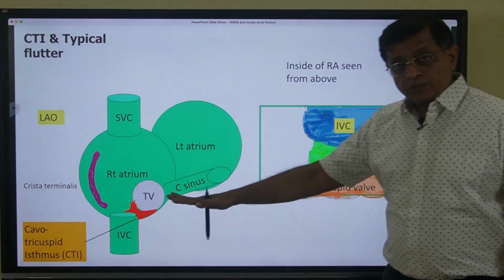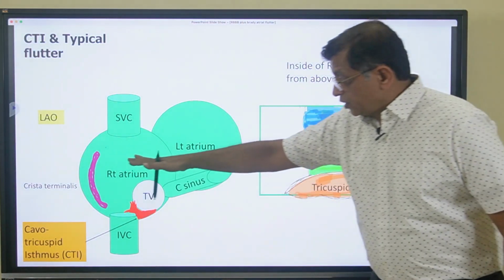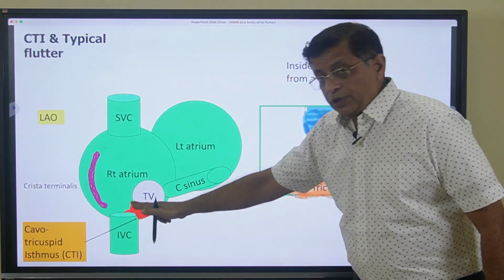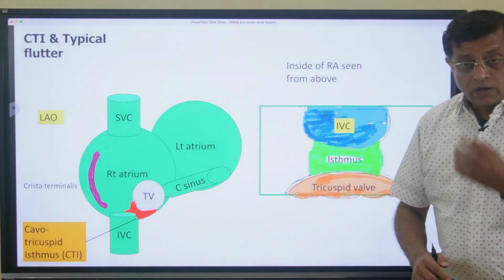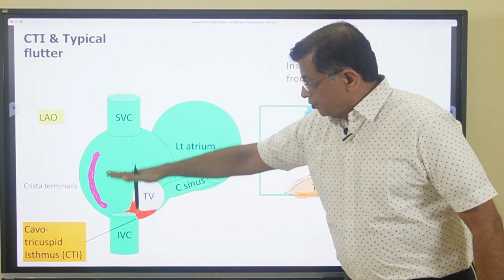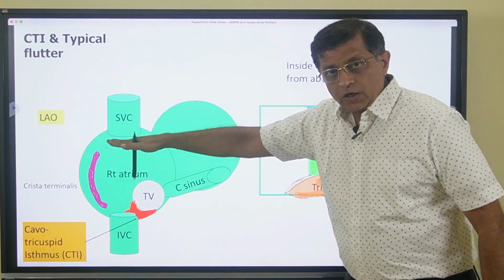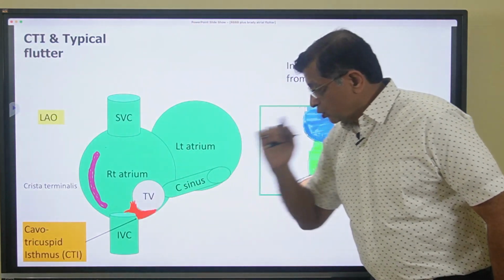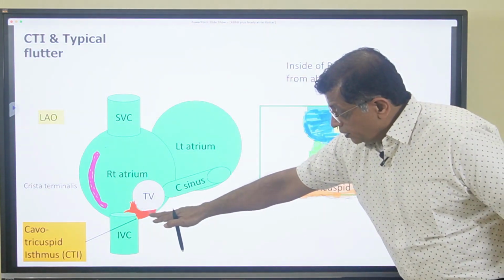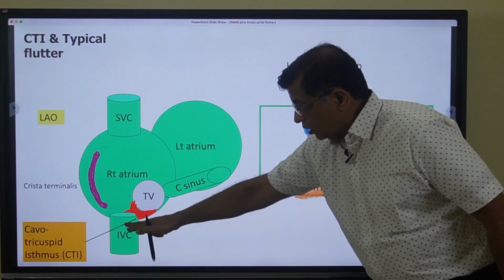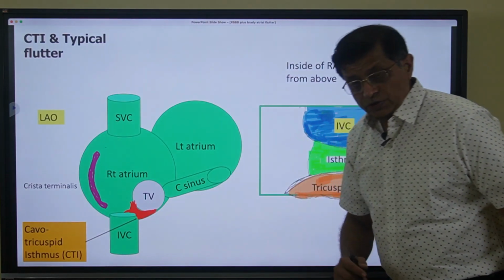This is a diagrammatic representation of the right atrium, with the superior vena cava and inferior vena cava openings. They are naturally occurring impediments to impulse conduction. The crista terminalis is also an impediment to conduction, but most importantly, this zone between the opening of the tricuspid valve and the inferior vena cava, the cavo-tricuspid isthmus.